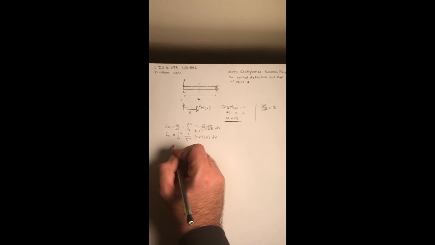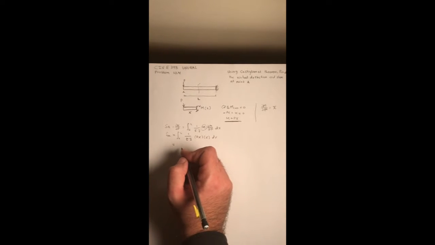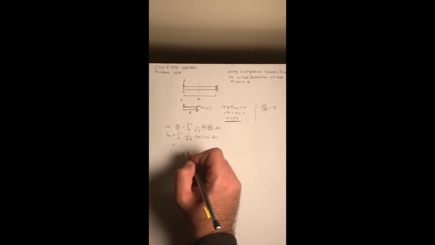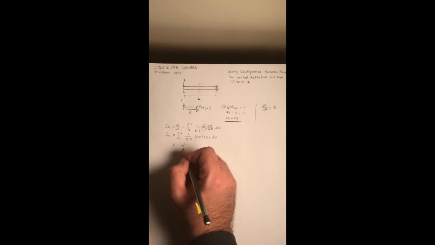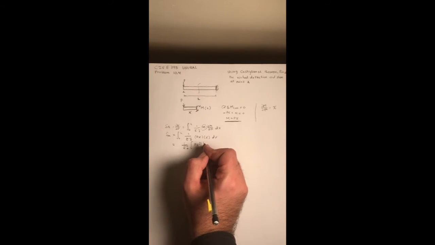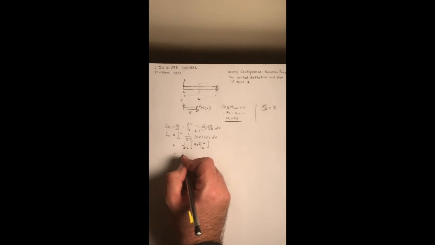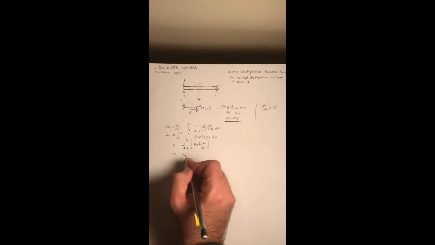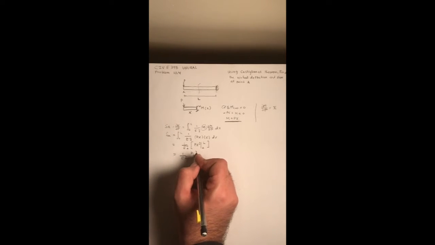We're going to get 1 over EI, Px cubed over 3, when we integrate from 0 to L. So we're going to get 1 over EI, PL cubed over 3.